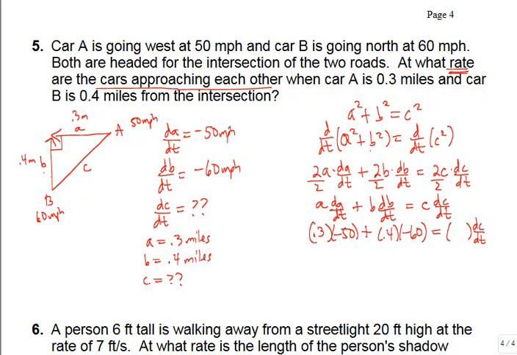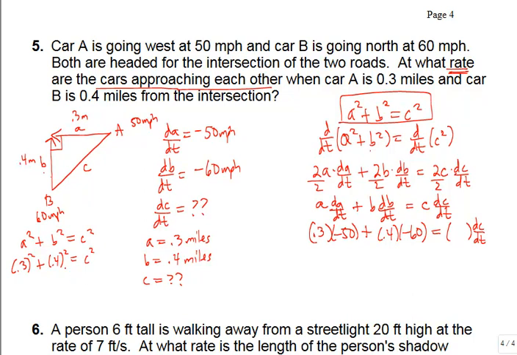Well, just like in the ladder problem, we're going to go back to our relationship. We know that no matter what moment in time we're looking at, the a squared plus the b squared always has to equal the c squared. So the moment in time when a is 0.3 and b is 0.4 should tell us what the c has to be at that same moment.